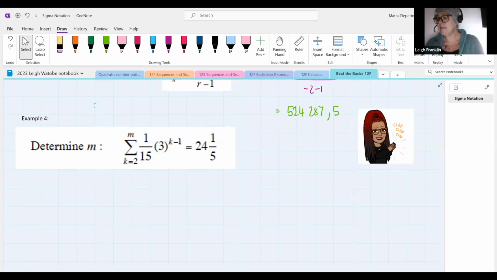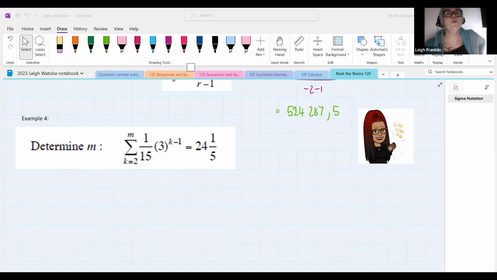Does m, as it stands, represent the number of terms in this series? No, it does not.